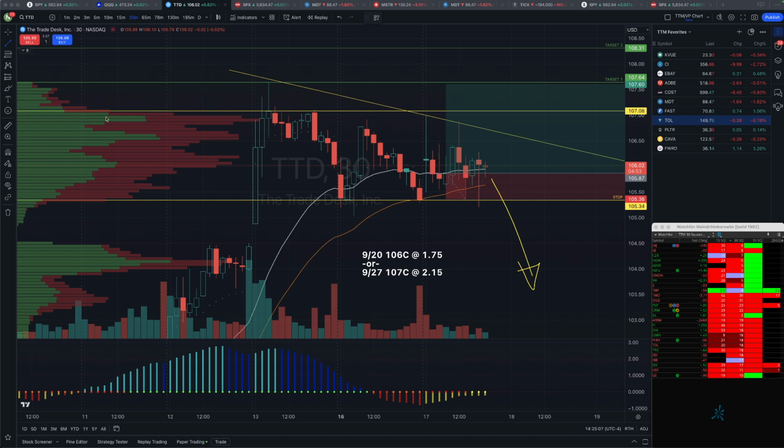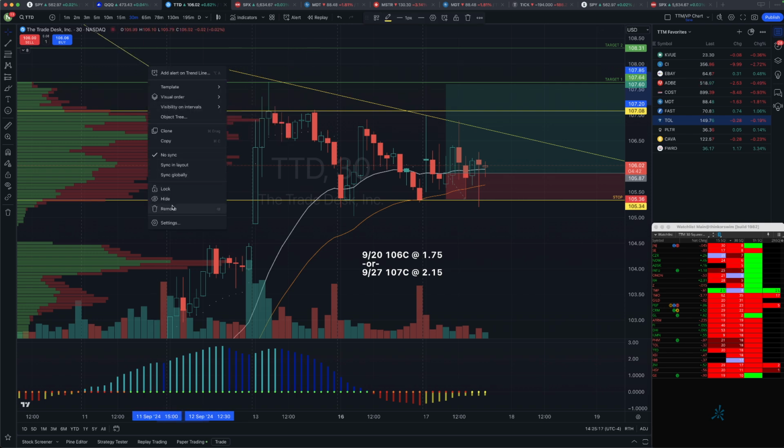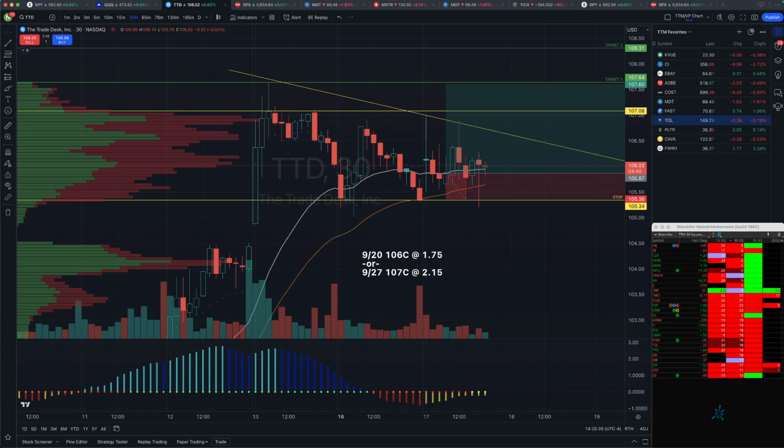Really, what would make that a descending triangle is if it had entered this pattern from higher and come in here like this. Okay, but it didn't.